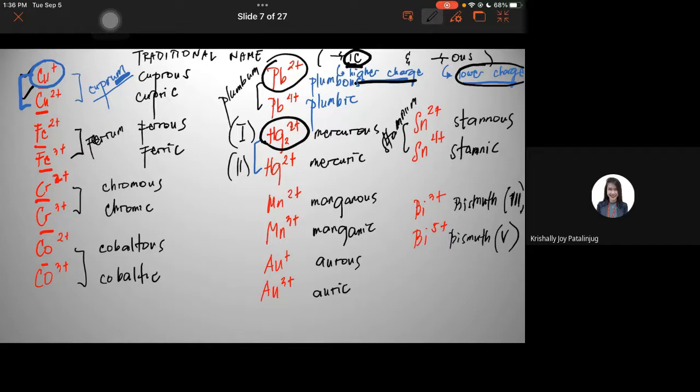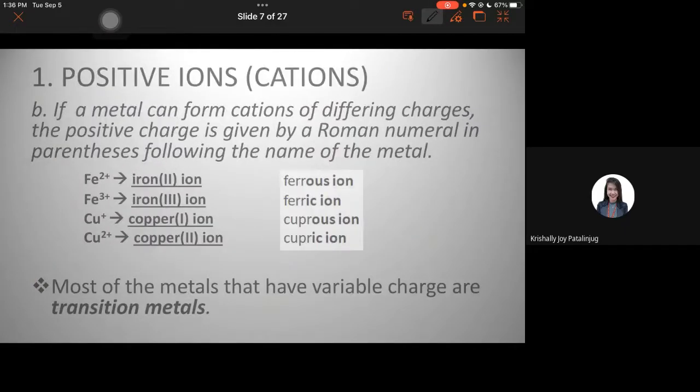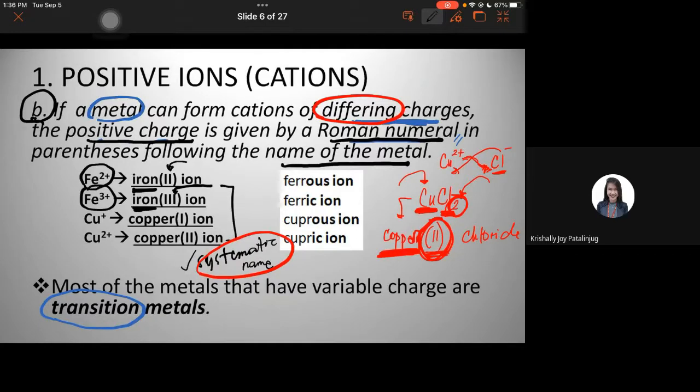So for these ions extracted from transition metals, again, they are capable of forming differing charges. And we have two possible names that you can use: the systematic name, which is easier because you just have to name the metal and, after naming the metal, enclose in a parenthesis the charge represented using a Roman numeral.